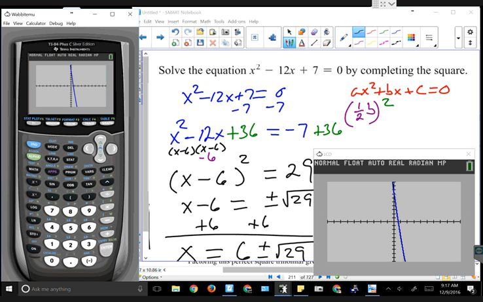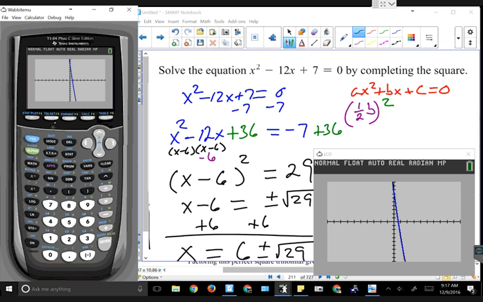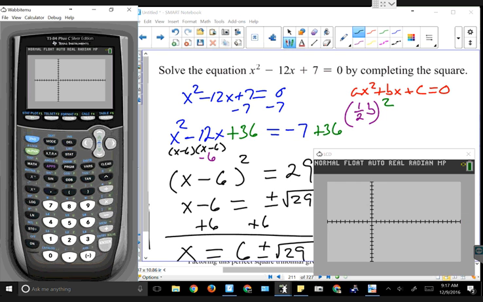If you had to ballpark it, 29 is close to 25, right? The square root of 25 is 5. One above that is 6. So I would probably have to change my window here. I'm going to move my x max out to 20 to make sure that it actually shows up. So if I hit graph again, I see it come down.